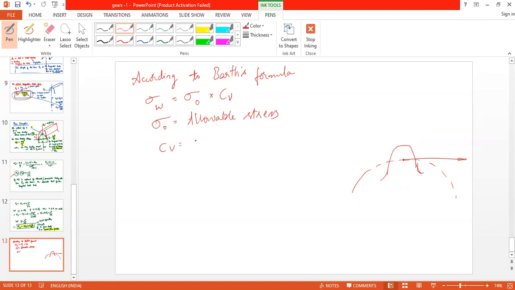It is a material property, and Cv is the velocity factor.